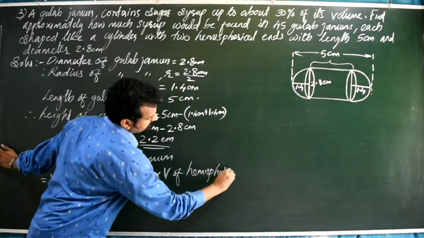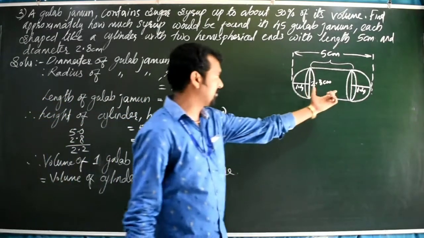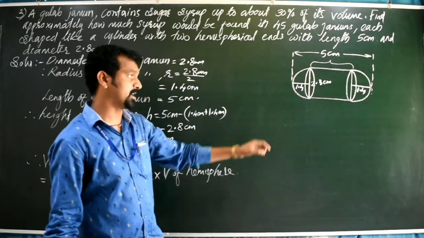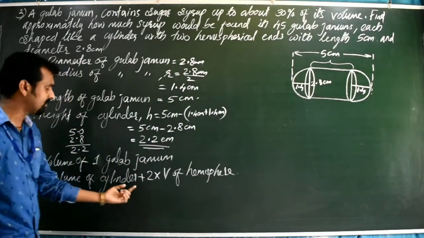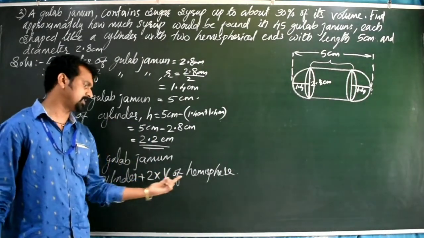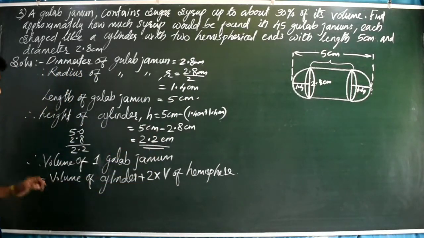How did it come 2? Volume of cylinder, that is this volume, plus 2 into volume of hemisphere. Both the hemispheres' radius is the same, 1.4 centimeter. So we will find out the volume of one hemisphere, into 2 we will multiply, we will get both the volumes. So 2 into volume of hemisphere we can write.